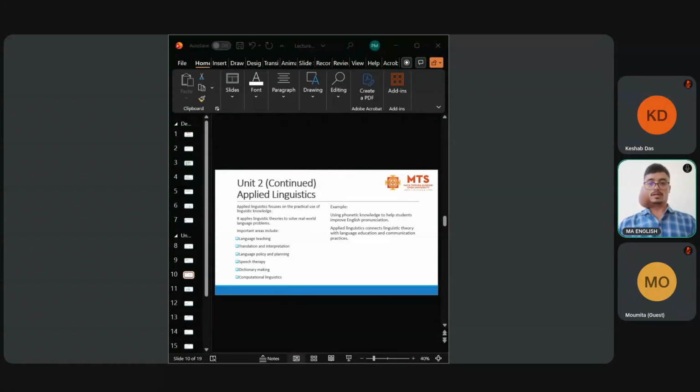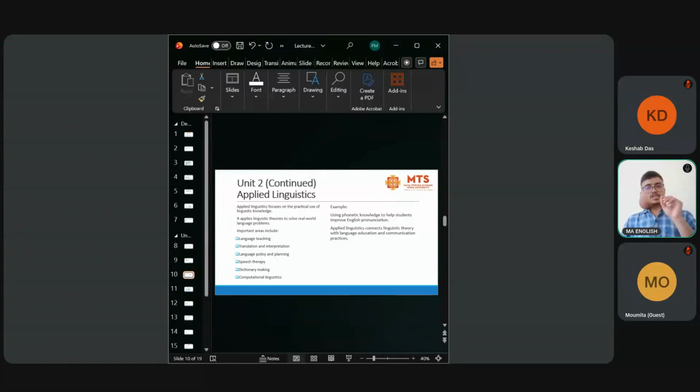Now, again, as you can see on the right side, I have provided another example, right? Using phonetic knowledge to help students improve their English pronunciation.